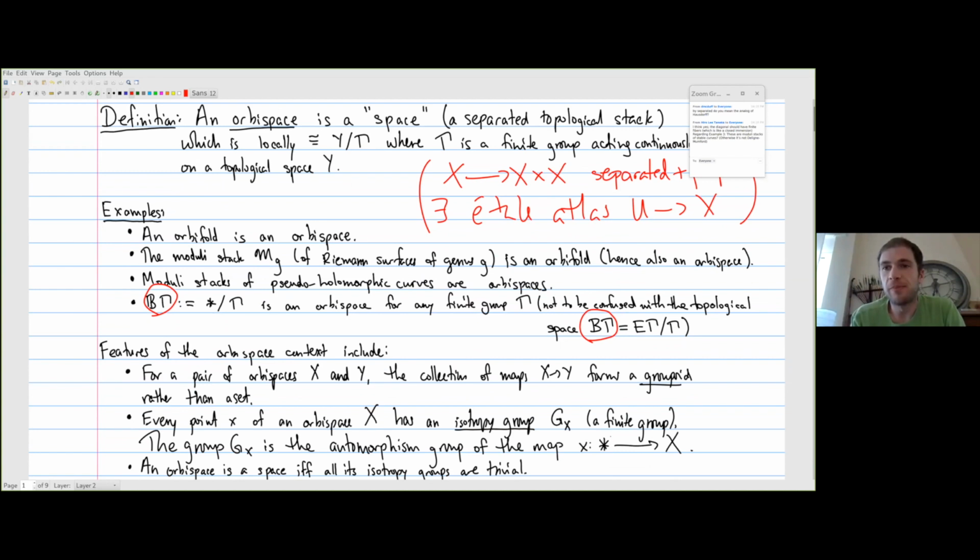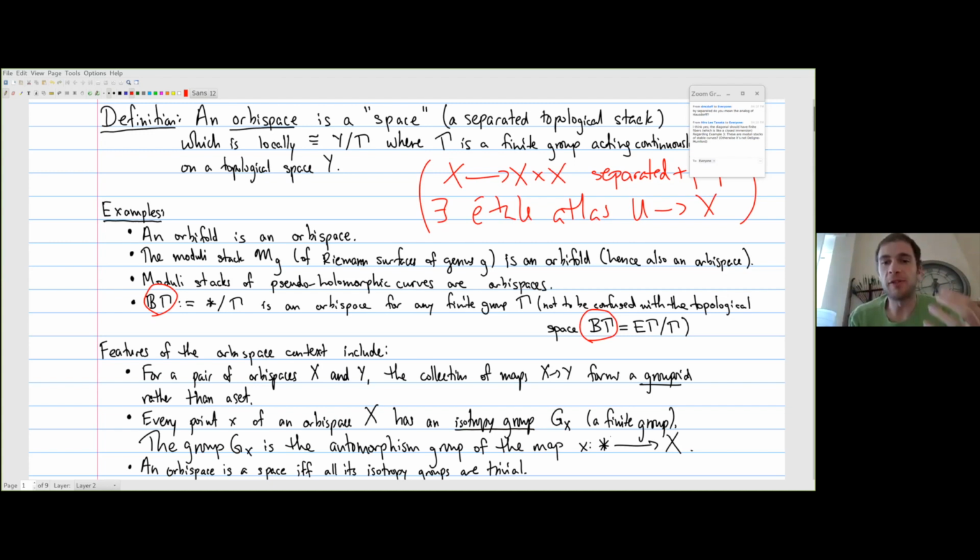Okay, so some important features of the Orbispace context, which are new if you're just used to thinking in terms of topological spaces. The biggest one is that there is no set of maps between a given pair of Orbispaces.